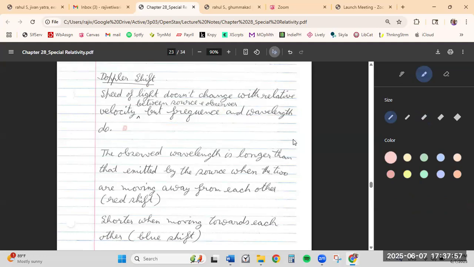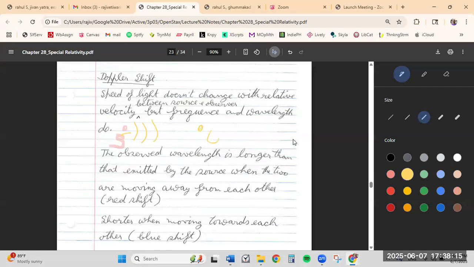So here is a source, S, emitting waves traveling in all directions, and here is an observer which is looking at these waves. Now, if the observer and the source are stationary with respect to each other, then the waves come at the observer at a certain rate, and that determines the frequency of the wave and its wavelength.